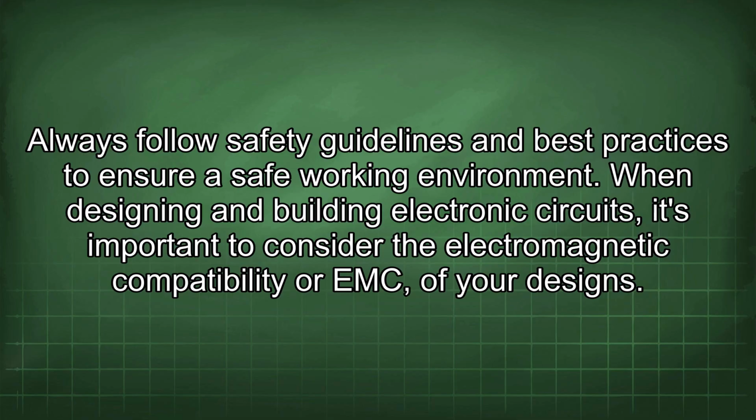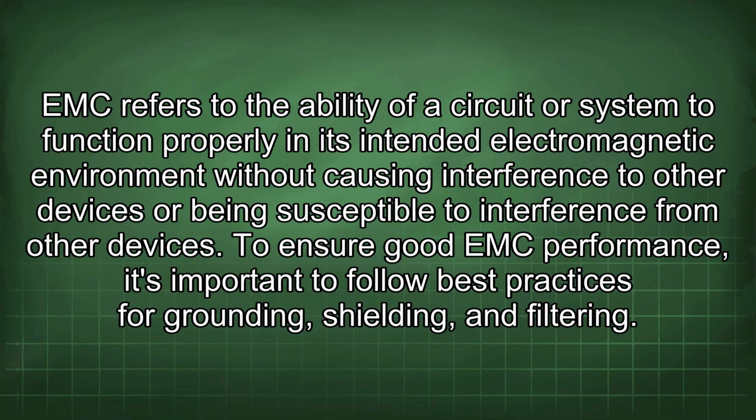When designing and building electronic circuits, it's important to consider the electromagnetic compatibility, or EMC, of your designs. EMC refers to the ability of a circuit or system to function properly in its intended electromagnetic environment without causing interference to other devices or being susceptible to interference from other devices.